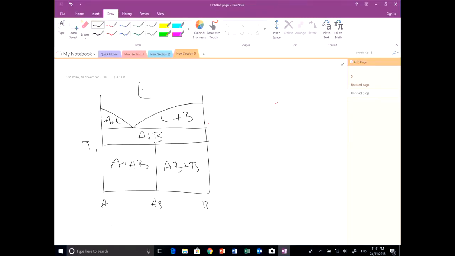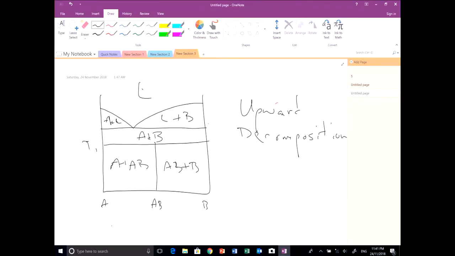So we can call that an upward decomposition, but it's actually got another name too.